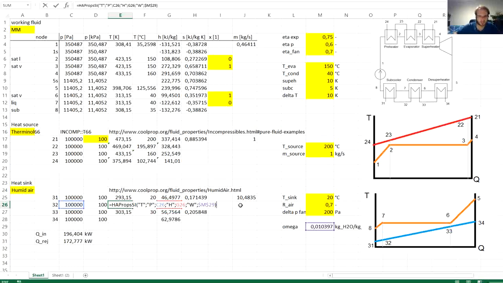Okay, we don't need this. And convert to degrees Celsius.